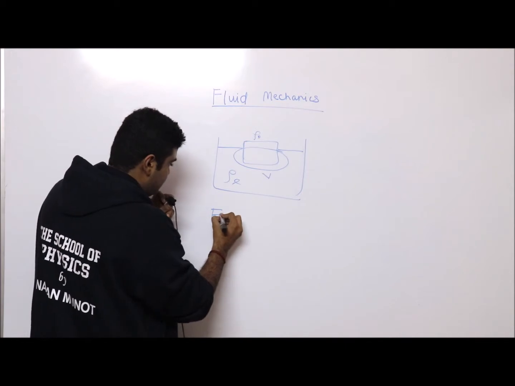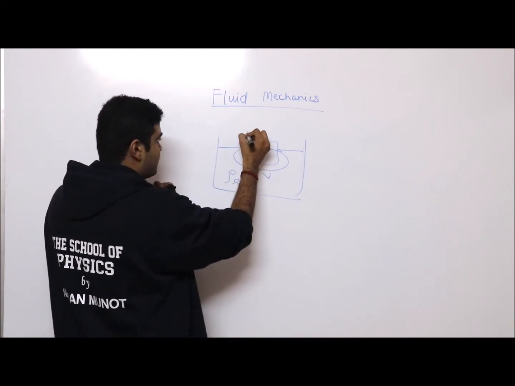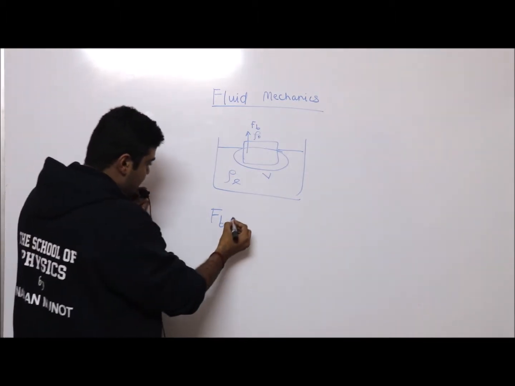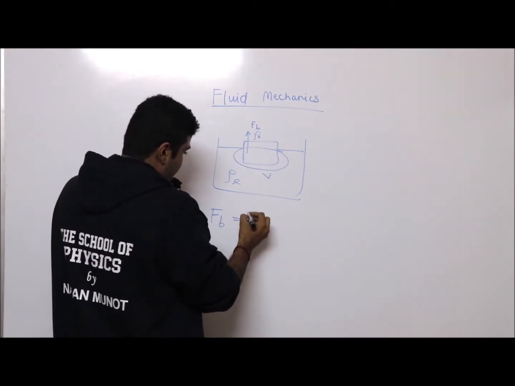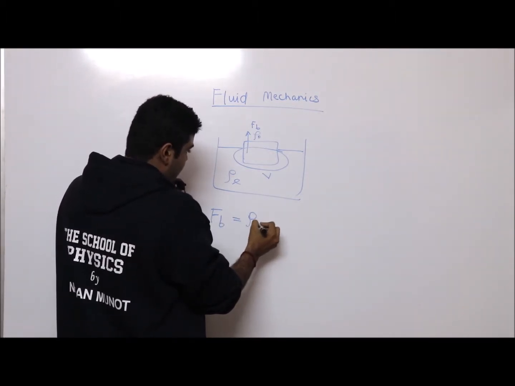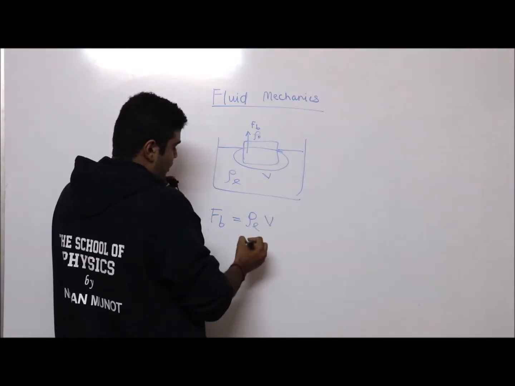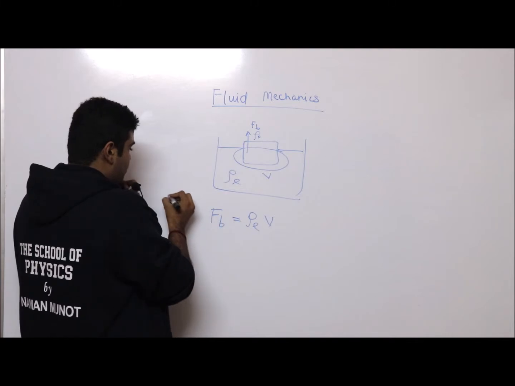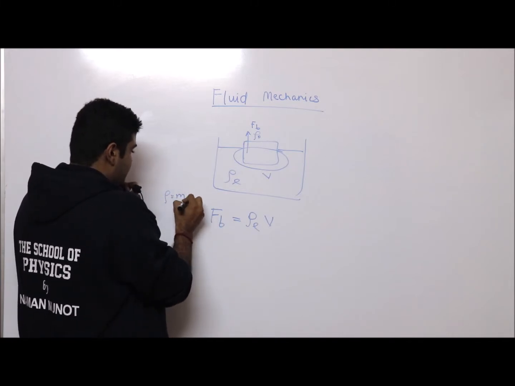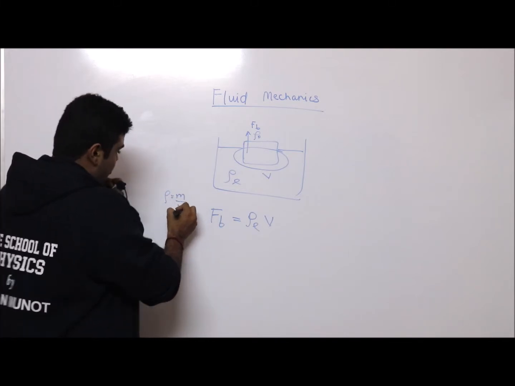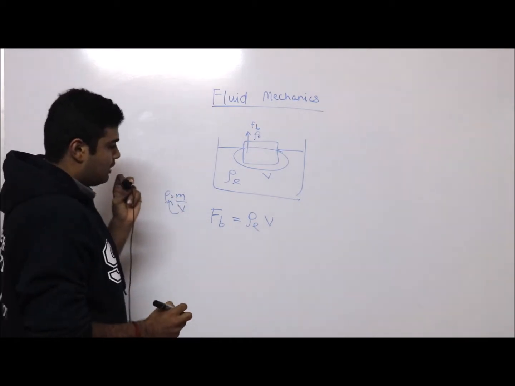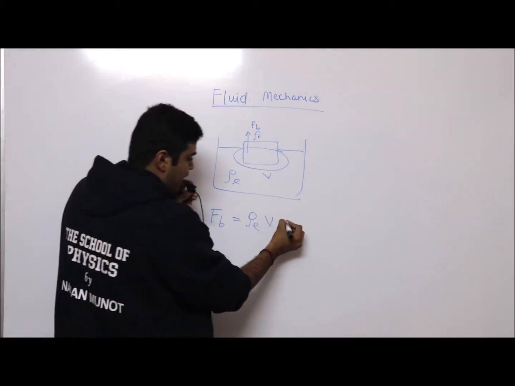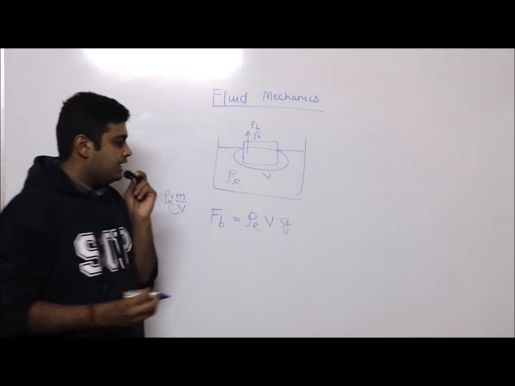Okay, so we write force of buoyancy. There is this upward force of buoyancy acting on it, and the force of buoyancy is equal to rho liquid into volume V. Now what is this? Density is equal to mass upon volume, so density into volume is equal to mass, and since we are talking about weight, we add acceleration due to gravity g.